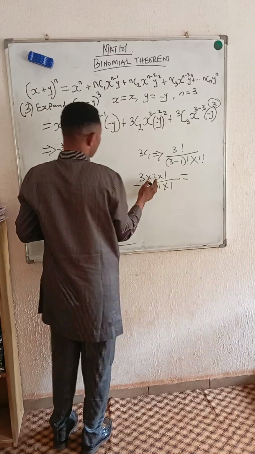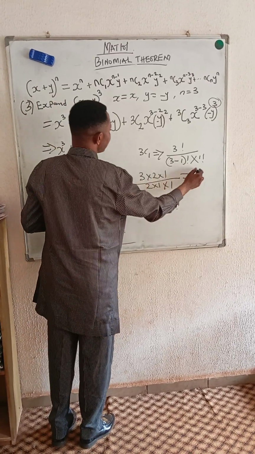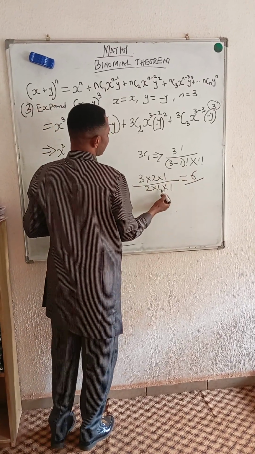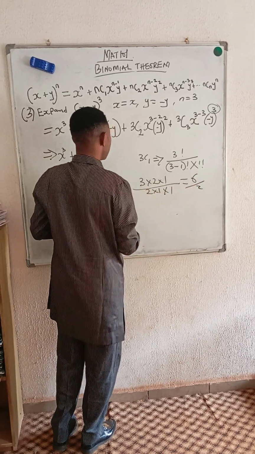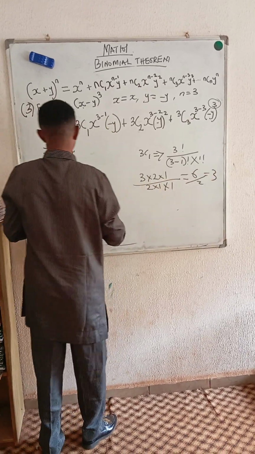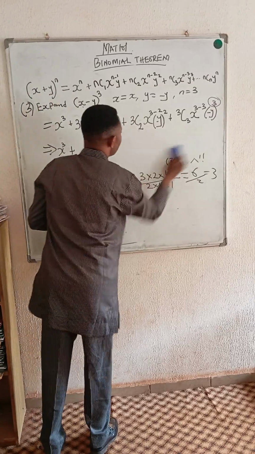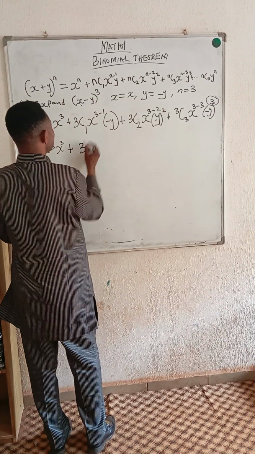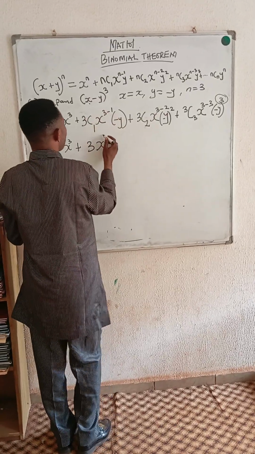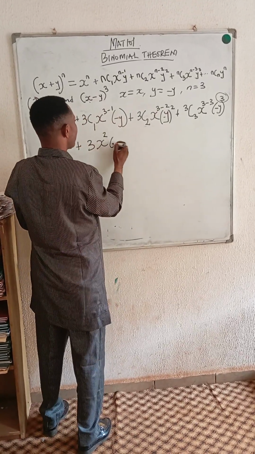So 3 times 2 is 6, and 2 times 1 is 2. So 6 all over 2 is 3. So we put 3 here, then x, 3 minus 1 is 2, then we put minus y here.